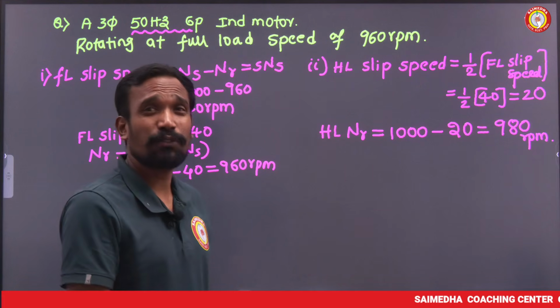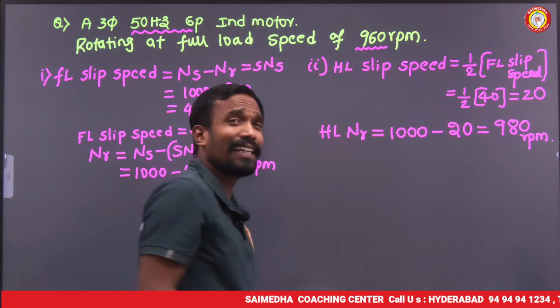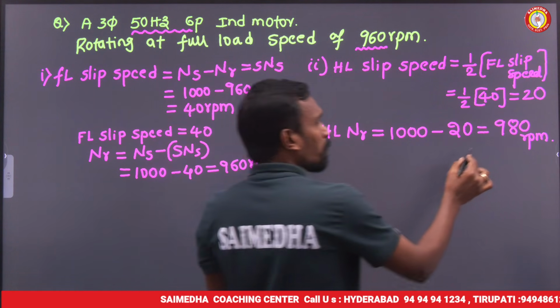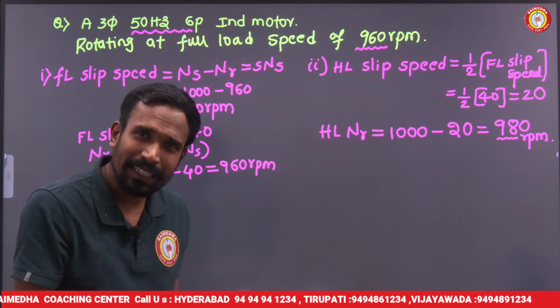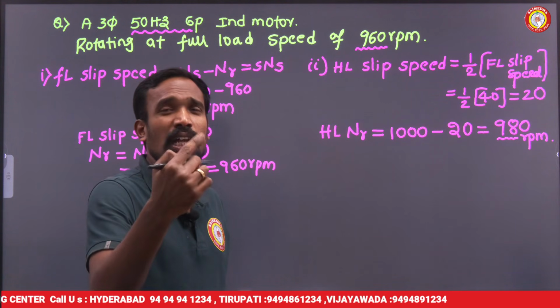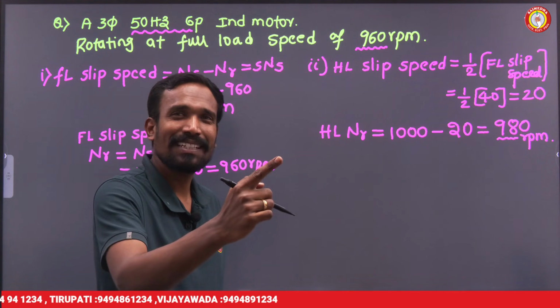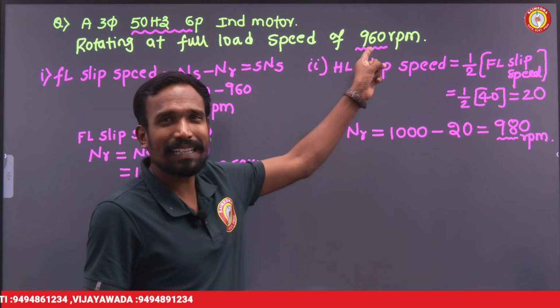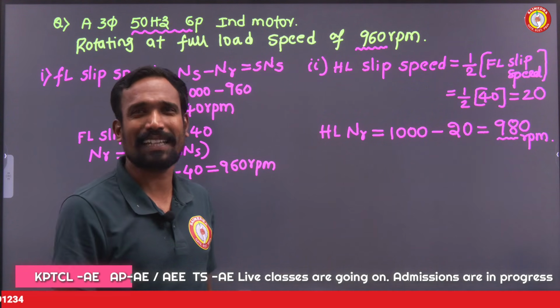Okay guys, at full load the rotor speed is 960 and at off load the rotor speed is 980. Remember that when the load decreases, speed will increase. Don't say full load rotor speed 960, so off load rotor speed 960 by 2. That is a blunder mistake.